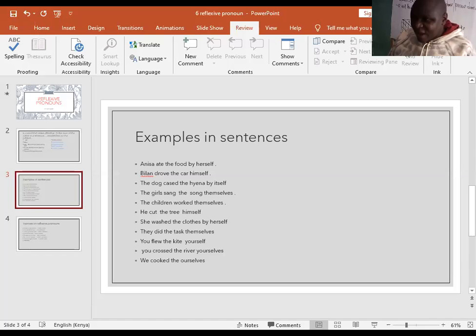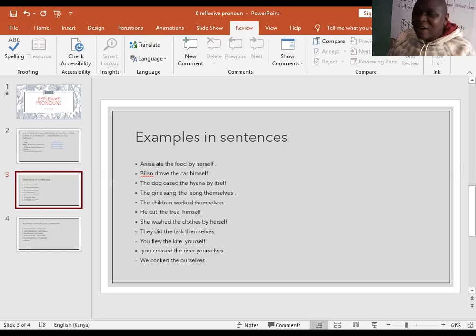You remember when we had cessation of movement around Nairobi? Yes, we do. So during that time, probably I wanted to go to Mombasa. Then I opted to walk from Nairobi to Mombasa. So you say, Jabez walked from Nairobi to Mombasa himself.